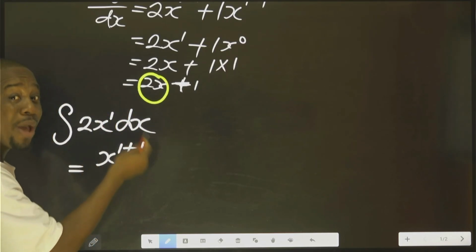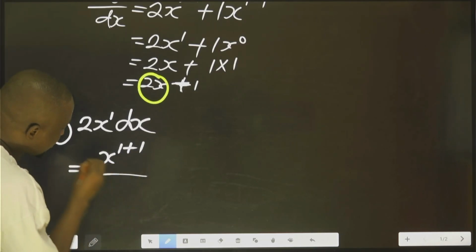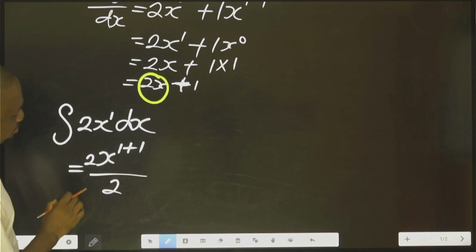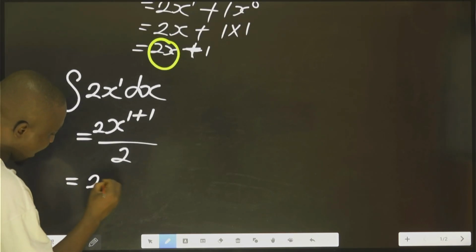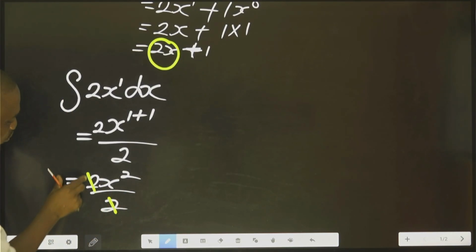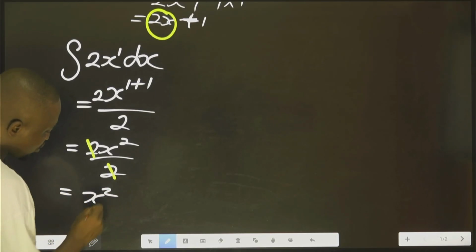Before we were removing, now we are adding. Then, whatever you get from here, remember 2 is still here, you bring it down. At the end of the day, you are having 2x raised to power 2 over 2. This and this will cancel. x raised to power 2.